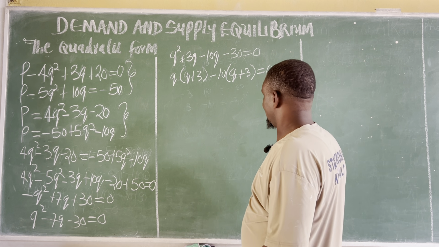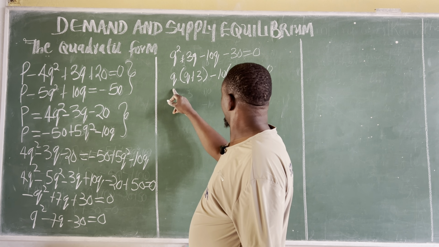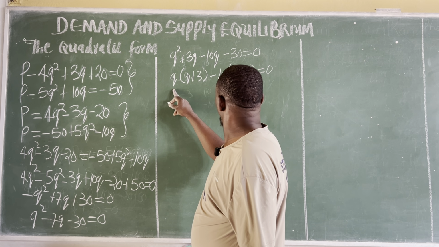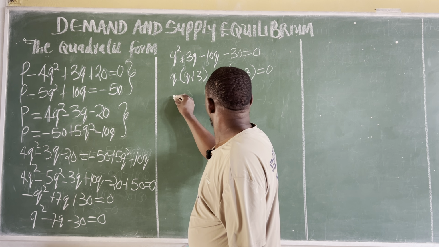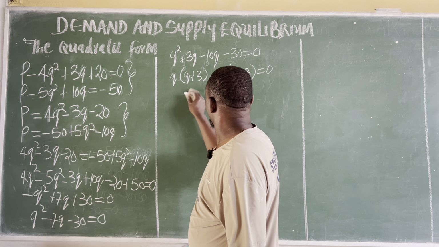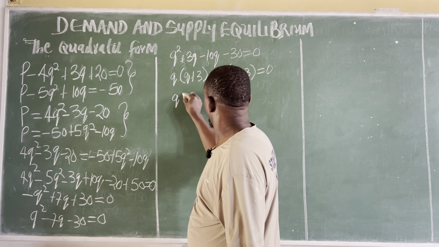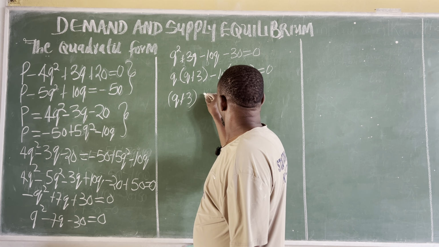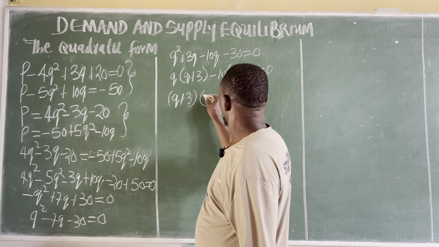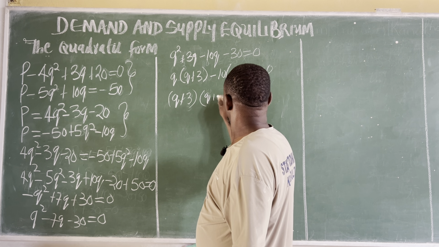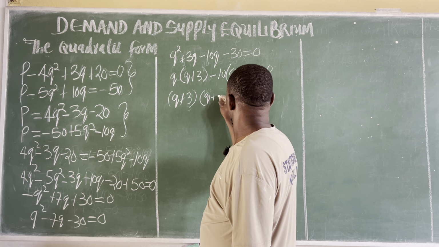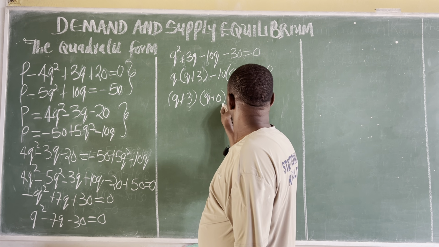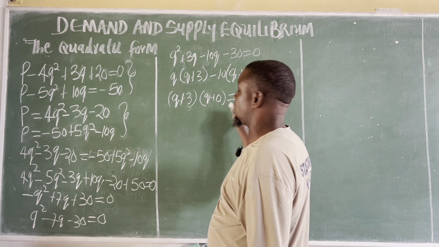Okay? Now, what we have in the bracket is q plus 3, and then what we have outside the bracket is q minus 10, for all of that is equal to 0.